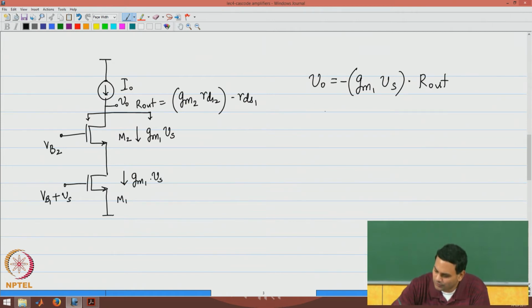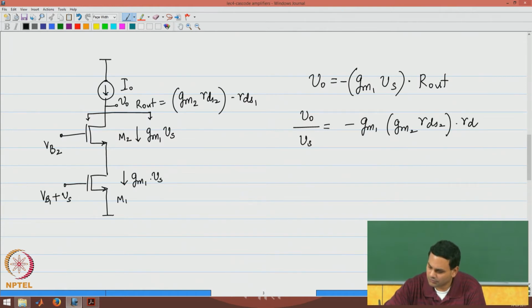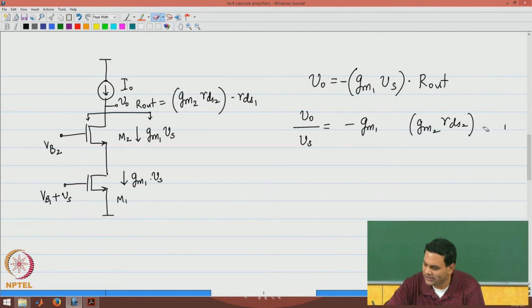So, therefore, VO by Vs is minus GM1 times R out, which, as you can see, I will rearrange. As you can see, this is the same as the product of the two intrinsic gains that we wanted to achieve.